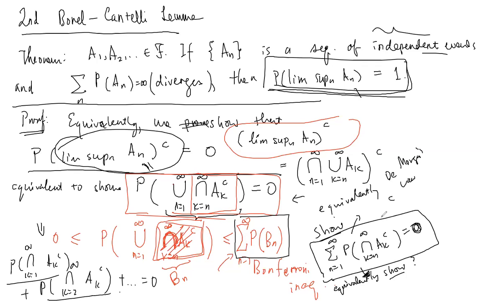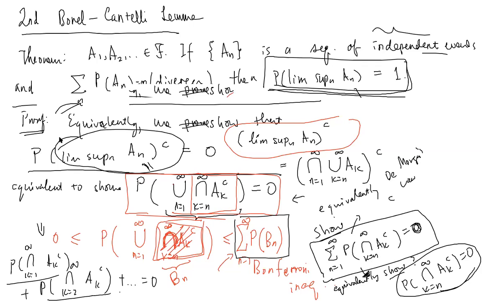So therefore, this statement further simplifies to show that P of this thing is equal to 0. Okay? Now, you can see how far you have come from this thing that you need to prove. It ends up going through this chain of reasoning that in order to prove this result, you simply need to establish this result, which is a much simpler result to establish.